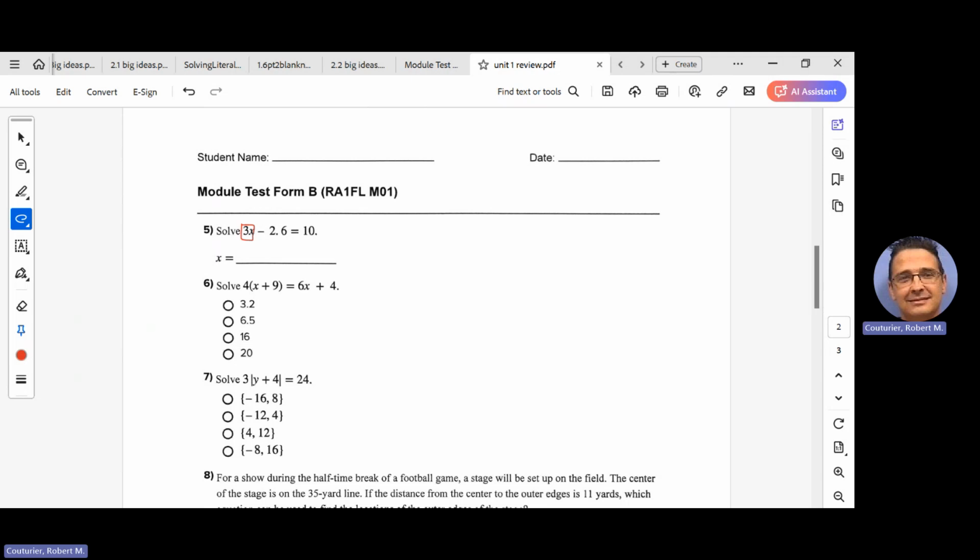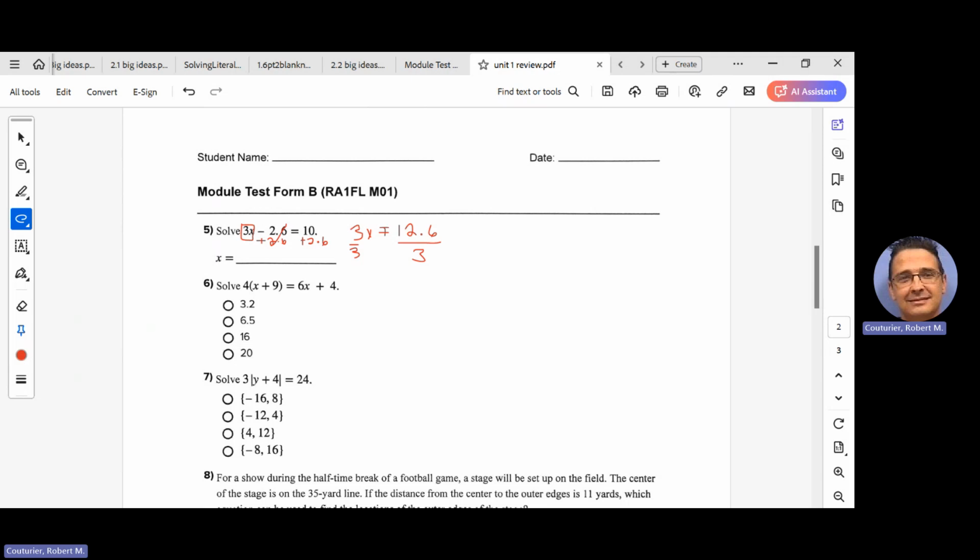I need to get rid of a minus 2.6, so I'm going to add 2.6. Great, those cancel. I'm left with 3x plus 12.6. This is multiplication, divide.